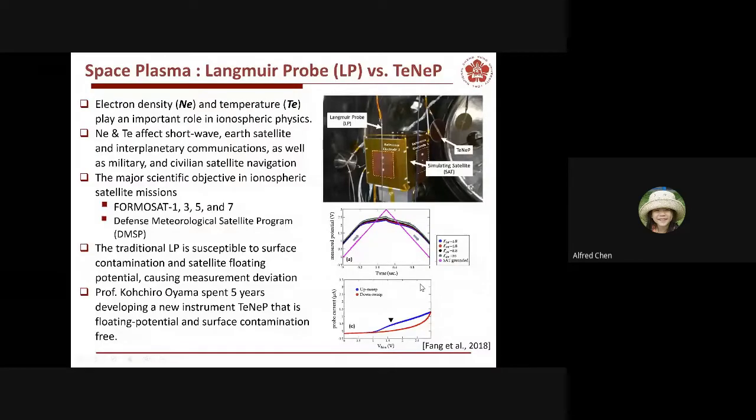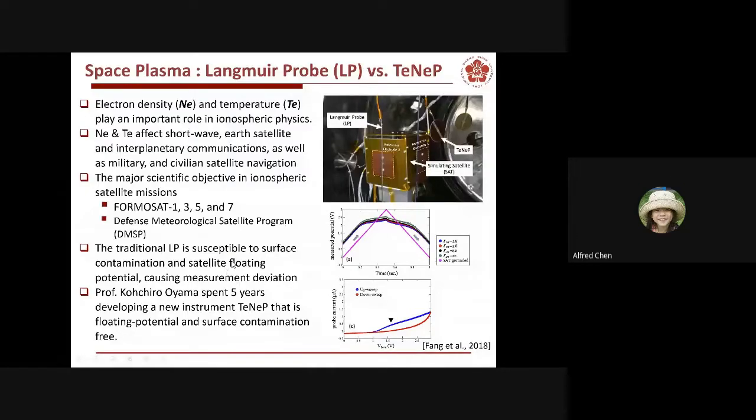And this is the drawing prepared by our team. We can see that with the contamination, there is some hysteresis, and it will also cause distortion of the shape of our scan when we scan the voltages.